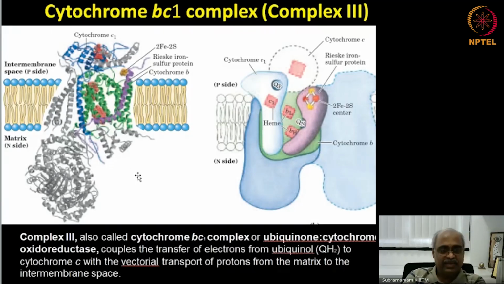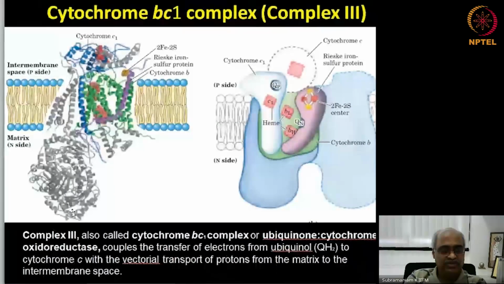This contains 60 polypeptide chains, and we are not going to look at anything other than these colored ones. That's the business part of it, meaning these are the ones that are directly involved in electron flow. So we are not going to talk about these gray colored ones. And this whole structure is a monomer of this complex.